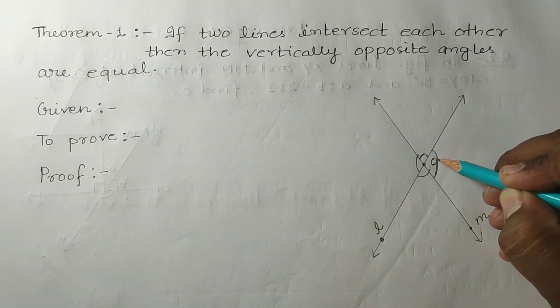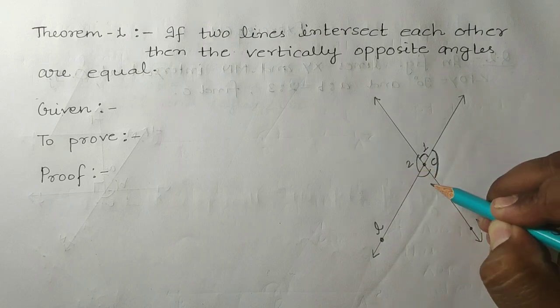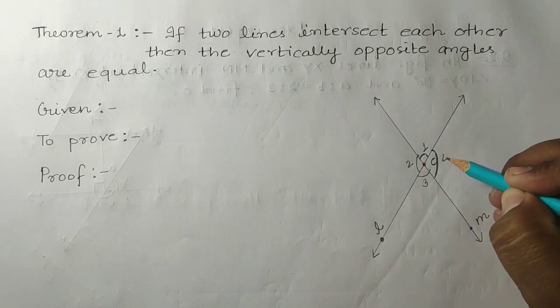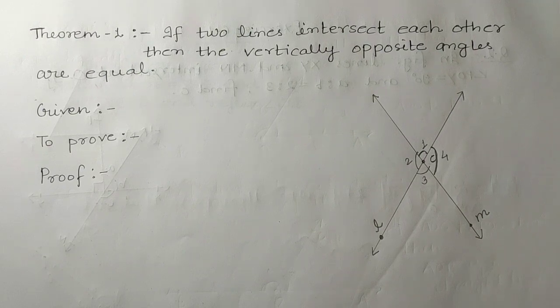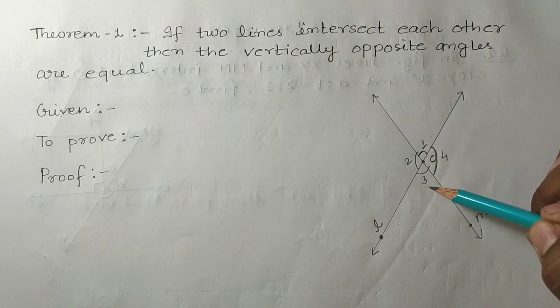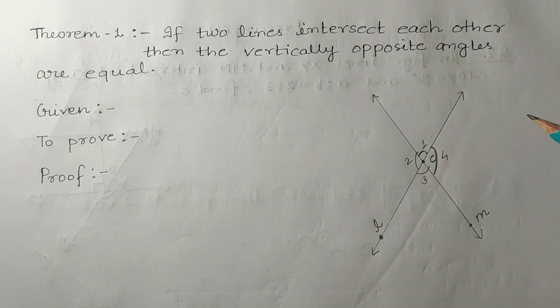Like this. Suppose their names are 1, 2, 3, and 4. So we have to prove here that the vertically opposite angles are equal, meaning angle 1 is equal to angle 3 and angle 2 is equal to angle 4.